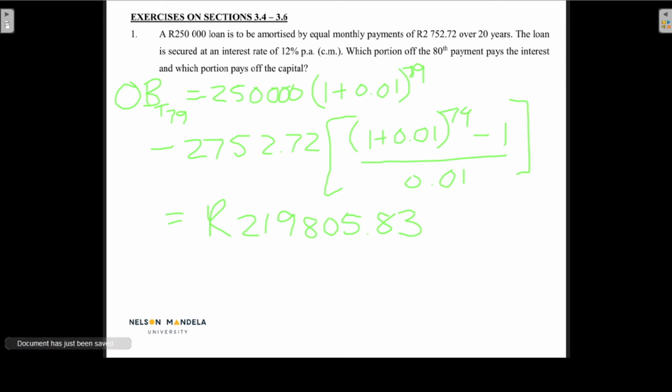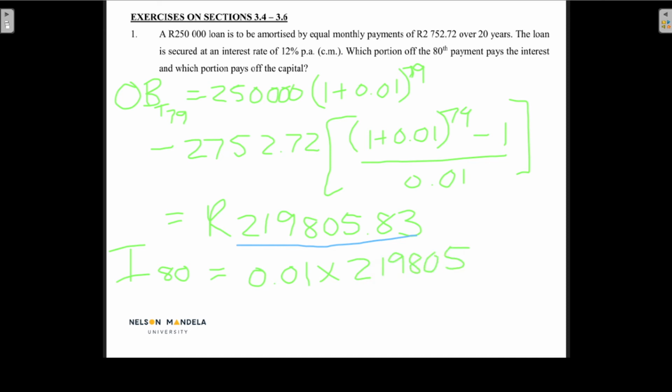Now if I want to get the interest from time T79 to time T80, I will call that the interest in time period 80. That will be this outstanding balance that I've calculated times my effective monthly interest rate, which is 0.01.